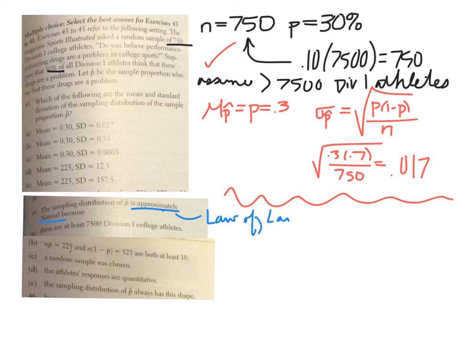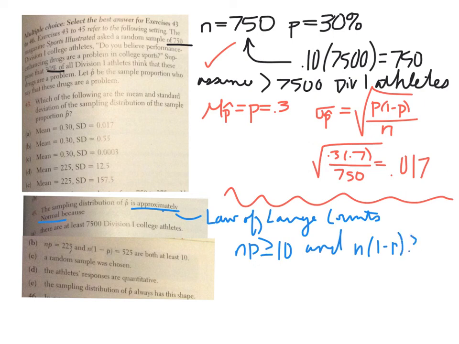So I need you to put that on a flashcard, put it in your memory somewhere. In order to determine if a sampling distribution of proportions is normal, you have to check the large counts condition. So this has to be true, and this has to be true. Which to me pretty much straight up looks like B.